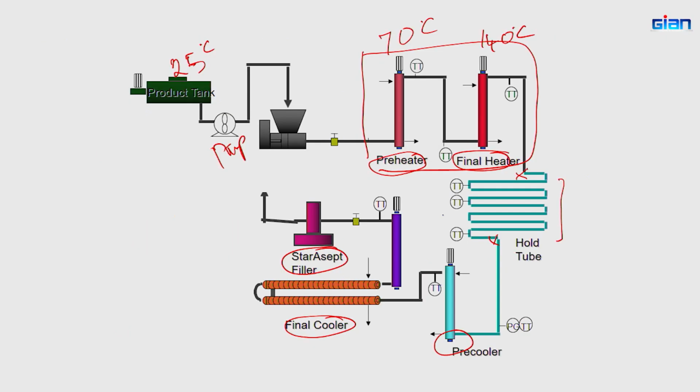What that means is, if you look at this pump here, normally what they use is a positive displacement pump. If you are studying food processing, you probably have heard about pumps. There are two broad classifications of pump. One is a centrifugal pump, another is a positive displacement pump.